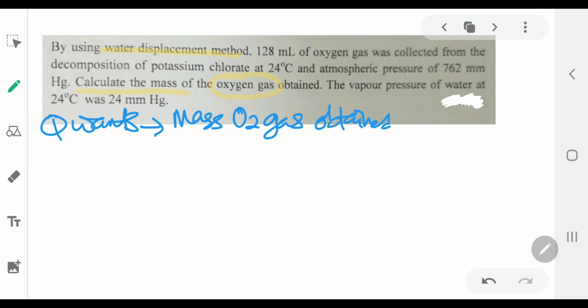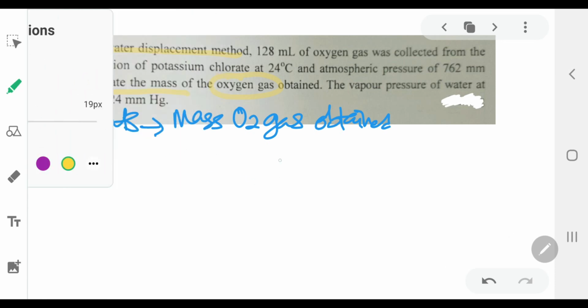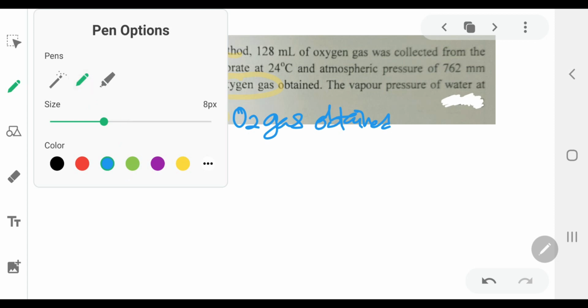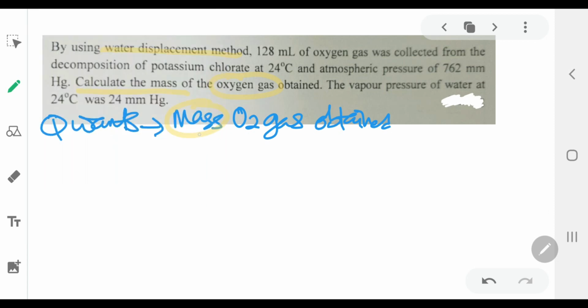So when we want to find mass over here, what we need to consider now is the number of mole of O2.